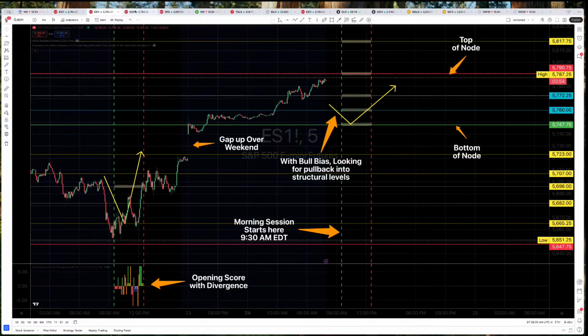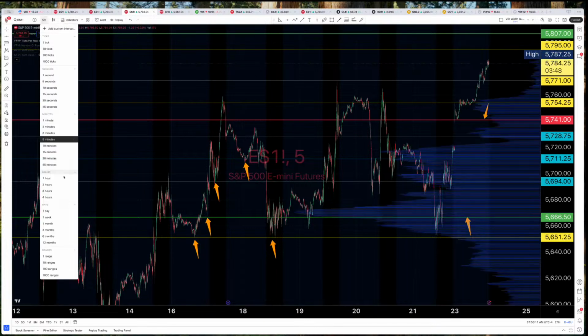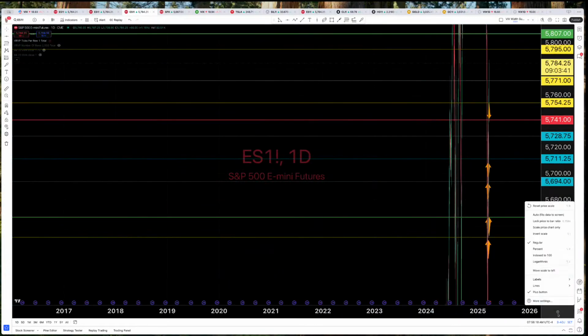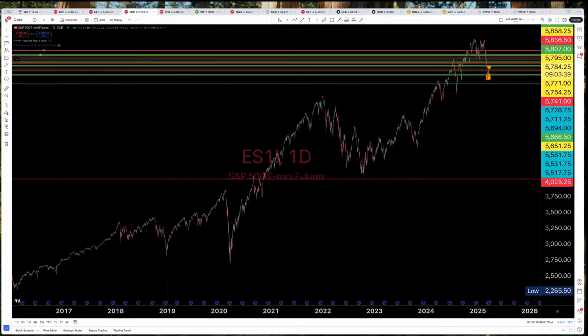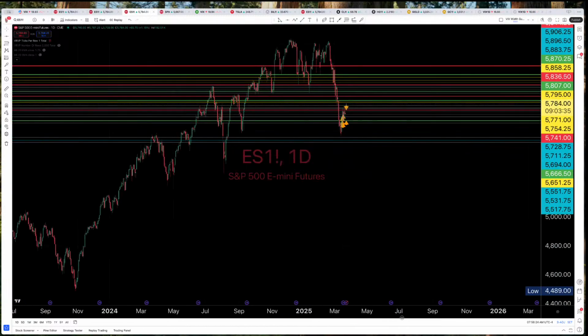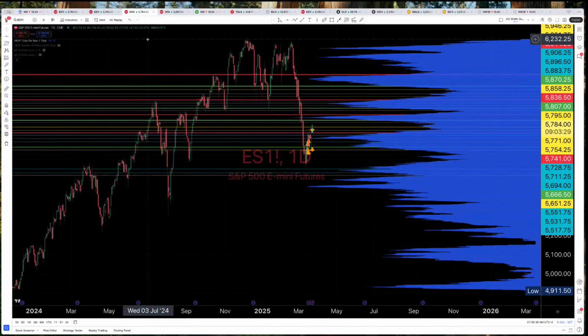If we were going to take a look at the big picture analysis of this, let's see if we can bring that in. Look at a day chart. I didn't have this planned out, so it's a little bit after the fact. All right, so there it is.